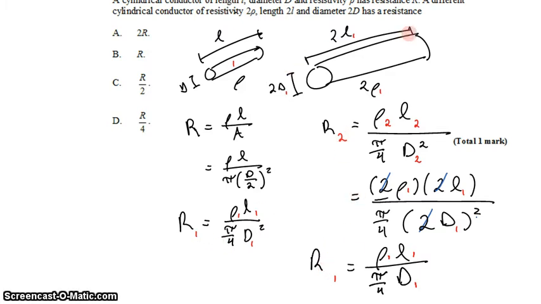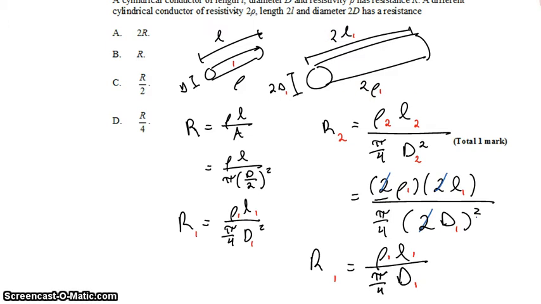Yes, making the conductor longer increases its resistance, and yes, increasing its resistivity increases its resistance, but doubling its diameter reduces its resistance by a factor of 4, which cancels out both of those two factors.